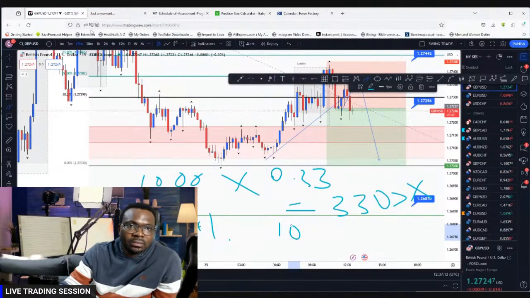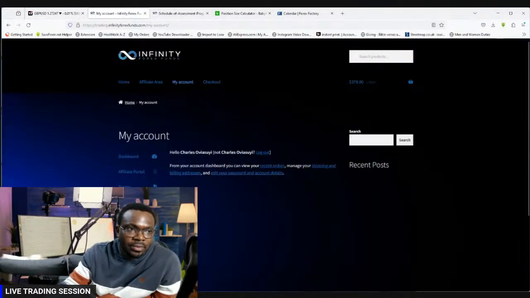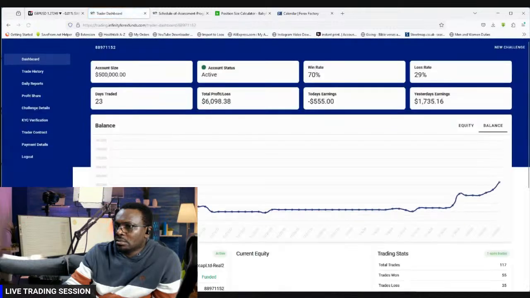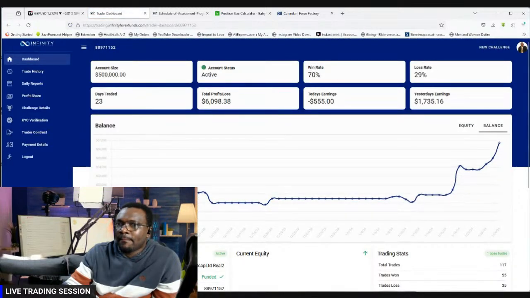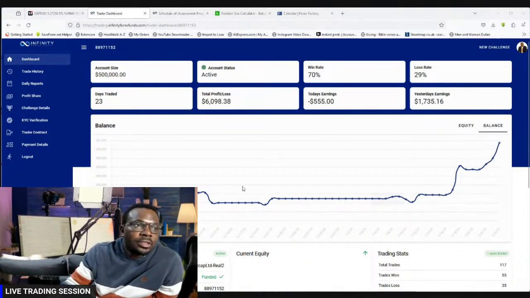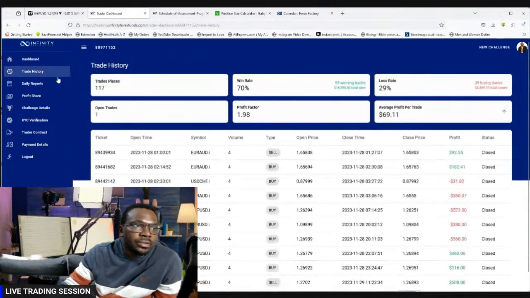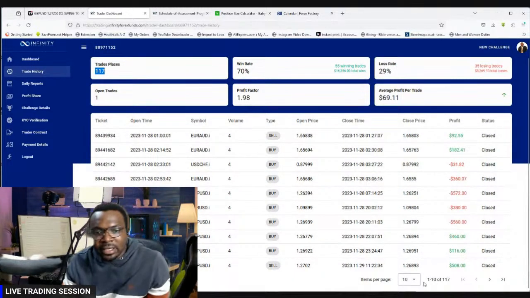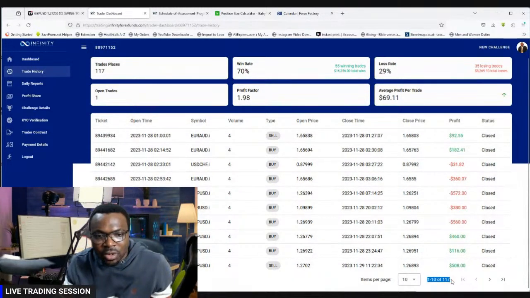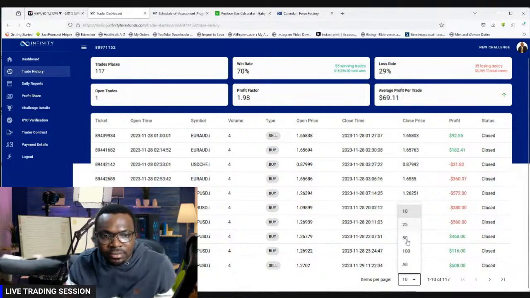Are you guys still following? So I'll go to history, trade history. Did you notice what they said? They say 117 trades. Okay. Now, that is the total there, as you can see, 117. That's the total at the bottom.